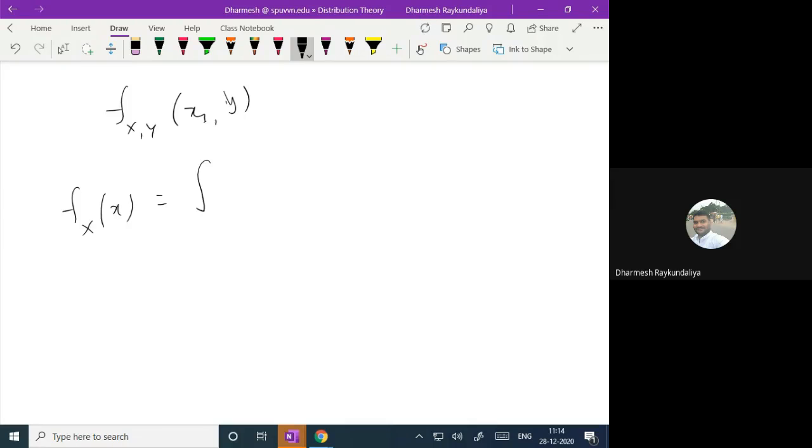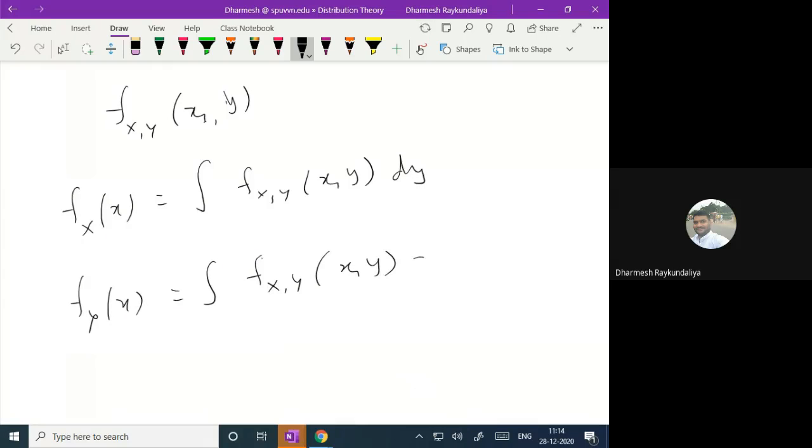We integrate f of x, y with respect to y. Just integrate over y, we get the marginal distribution.